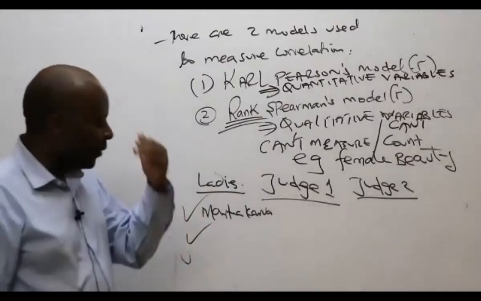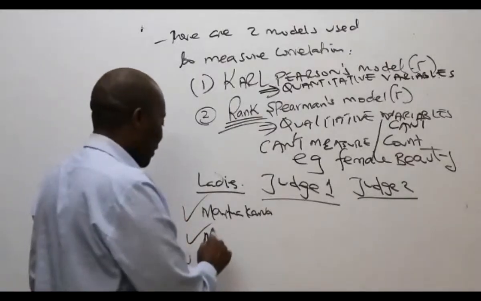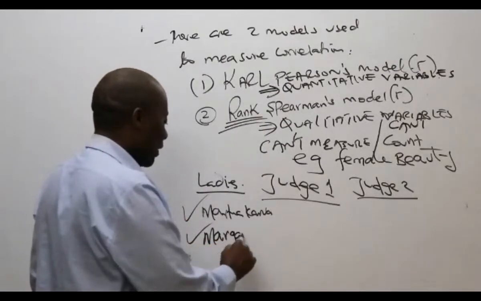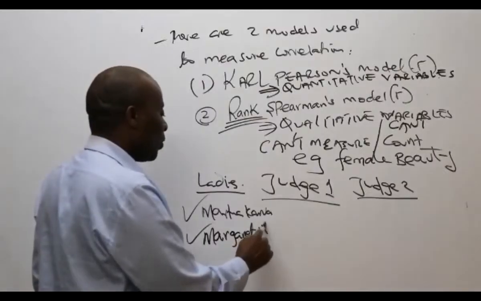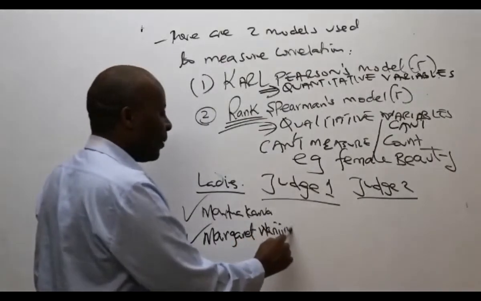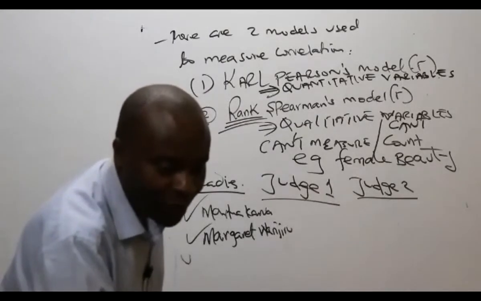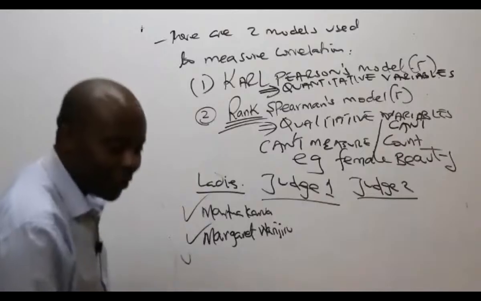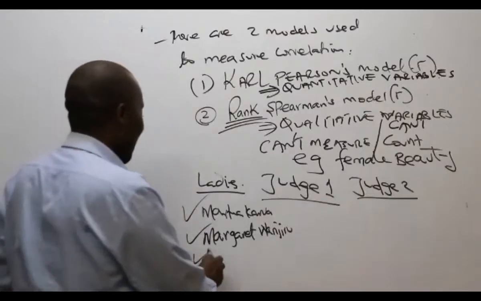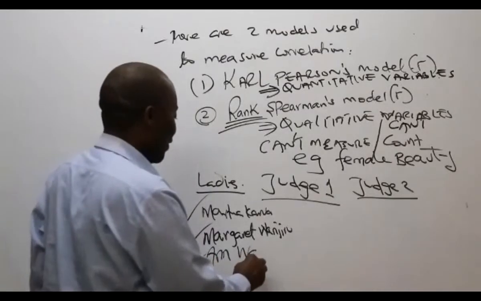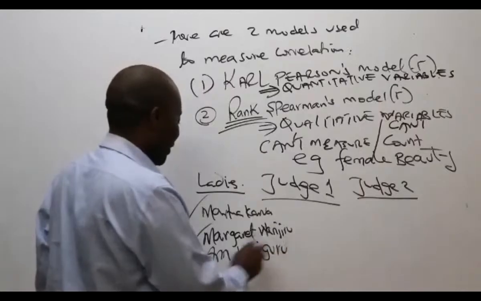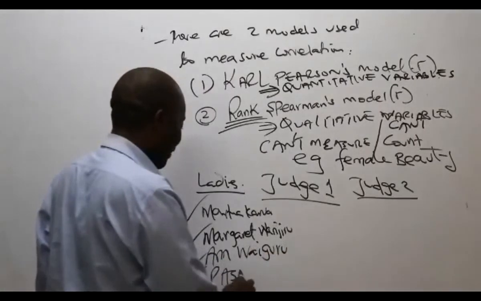Those ladies that you know, like Wanjiro, Margaret. Ijira ni ngumu kuandika, tunione kama nitaipata. Margaret Wanjiro. Nani mwingine hawajasema bado. Don't feel shy. Anne Waiguru, thank you very much. Pasaris, yes. Anne Waiguru. Then we have Pasaris.